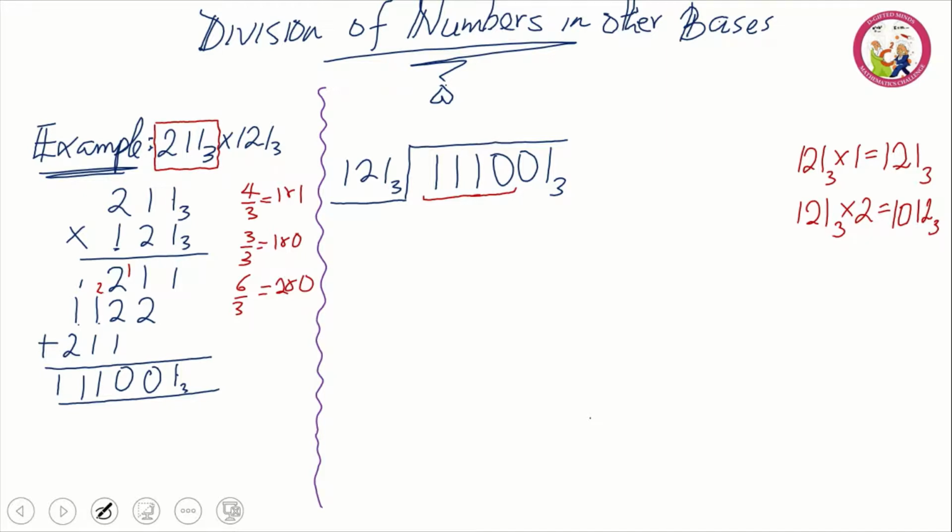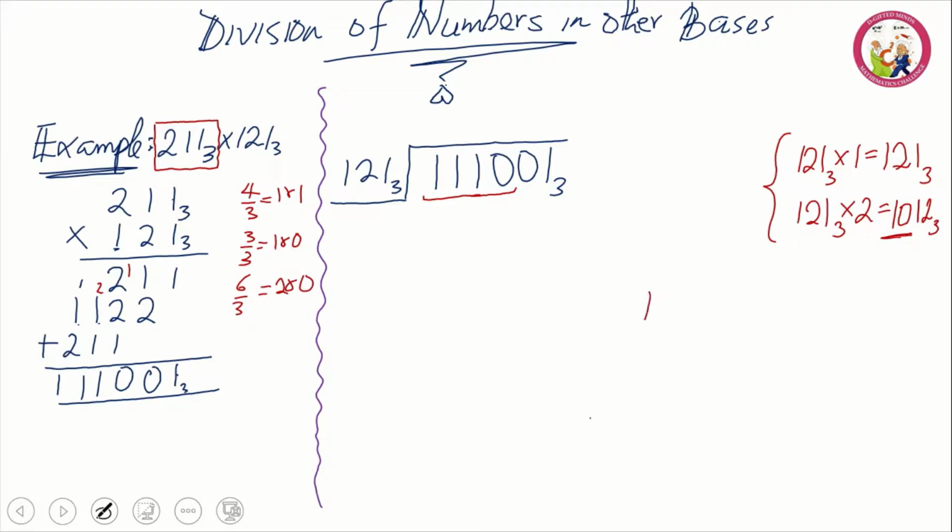Now you ask yourself, how many 121 are there in 1110? To answer that question, you look at the multiplication table you have by your side. So 121 times what number gives 1110, or a number closer to it but less than it? Okay, and we have here 1012.